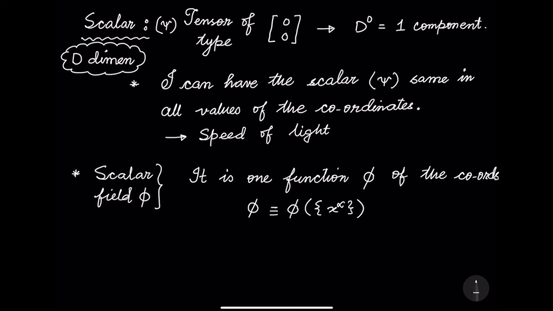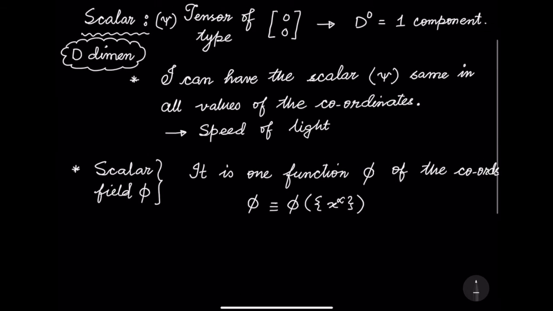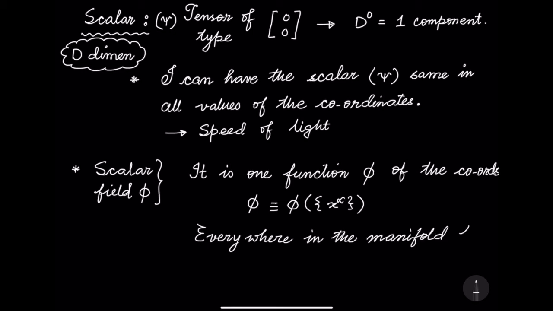So for every point in the coordinate, I have a value of phi. Everywhere in the manifold, the function has one value, but it can be different at different points in the manifold. That's why I call it a function, not a single number.